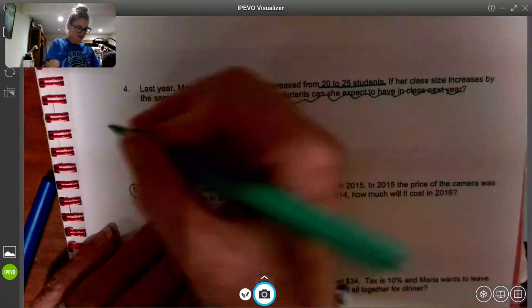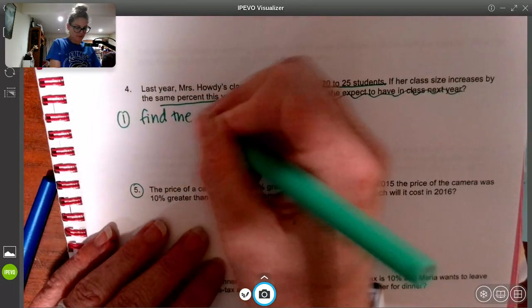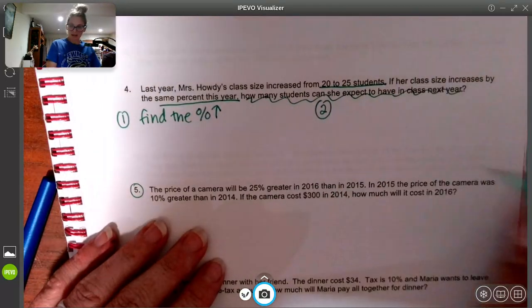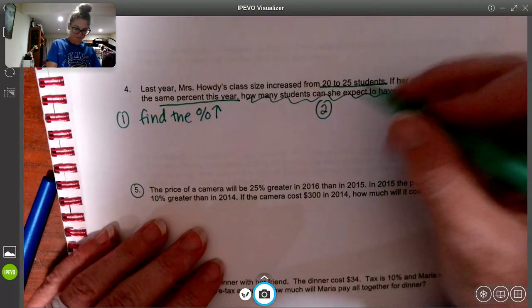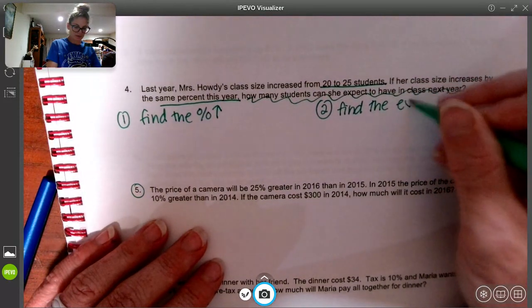So this is a two-part problem. The first part is step 1. We need to find the percent increase. And then step 2 is we are going to find the expected number.